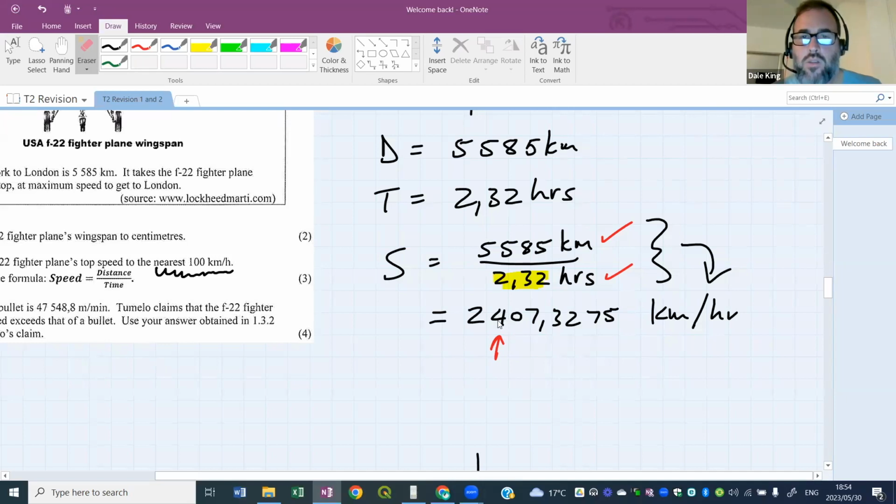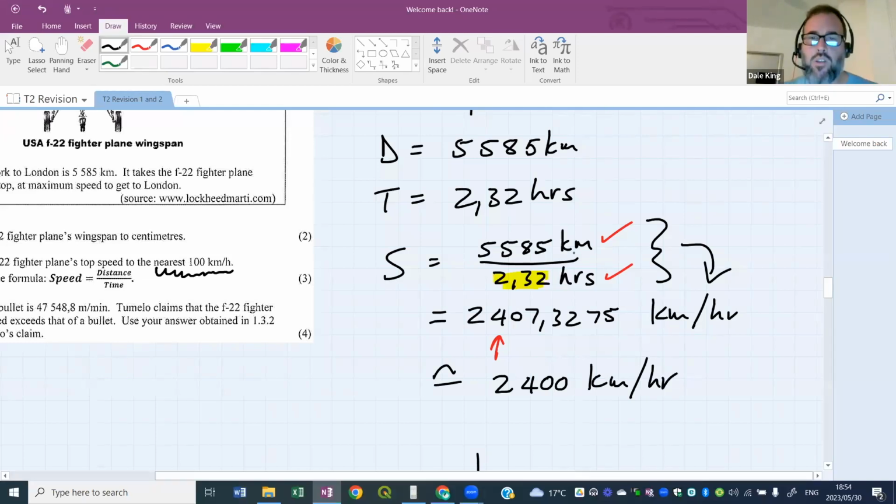We have to round this 407 to the nearest 100. Is 407 nearer to 400 or to 500? It's closer to 400. So rounded off, this is 2,400 kilometers per hour.